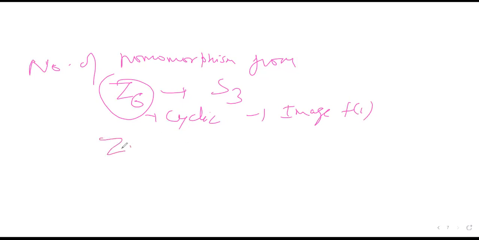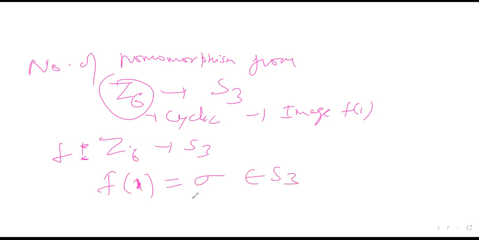Let F be a mapping from Z6 to S3. Then F of 1 will be some sigma, where sigma belongs to S3. So F of x is equal to sigma to the power x.